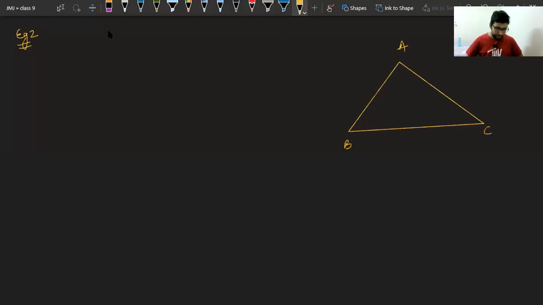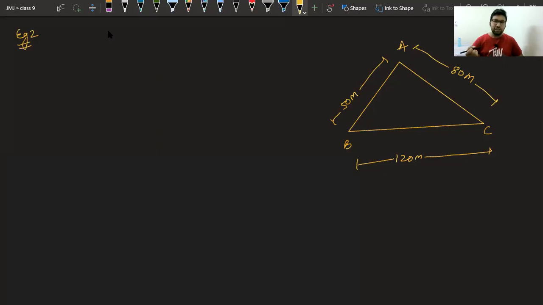The question is saying a triangular park ABC has sides 120 meter. So this is given to you as 120 meter. Second side 80 meter. And third side 50 meter. This is a triangular park. Now a gardener Dhania has put a fence all around it.